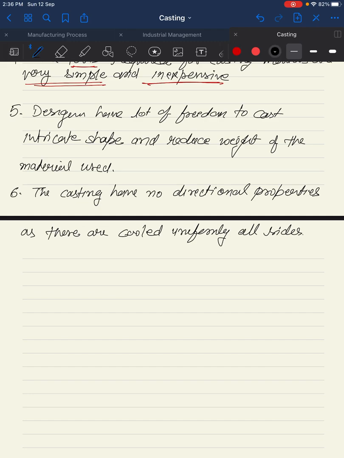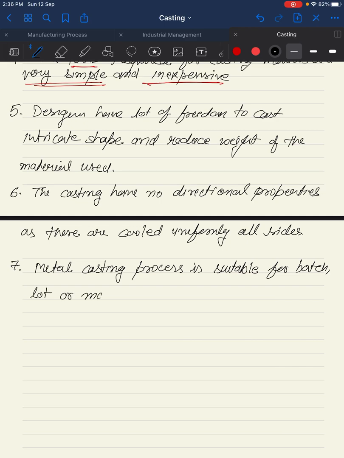Okay. Now the seventh point is that the metal casting process is suitable for batch, lot or mass production.